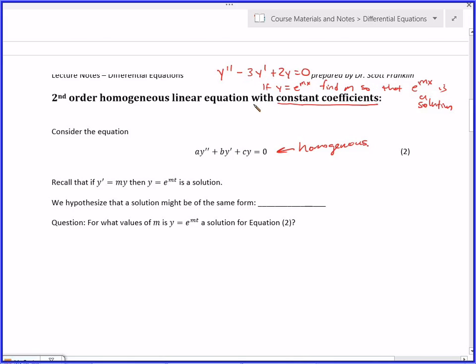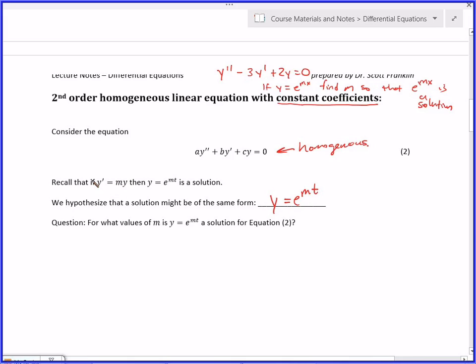Well, that's the technique. Okay? That actually finds linearly independent solutions to this differential equation. So we're going to use y equals e to the mt, I'm just using t as my variable now in my notes for some reason, as a solution, and so we hypothesize that our solution is going to be of that particular form, namely y equals e to the mt. All I'm saying is right here, this is kind of where we get the idea.